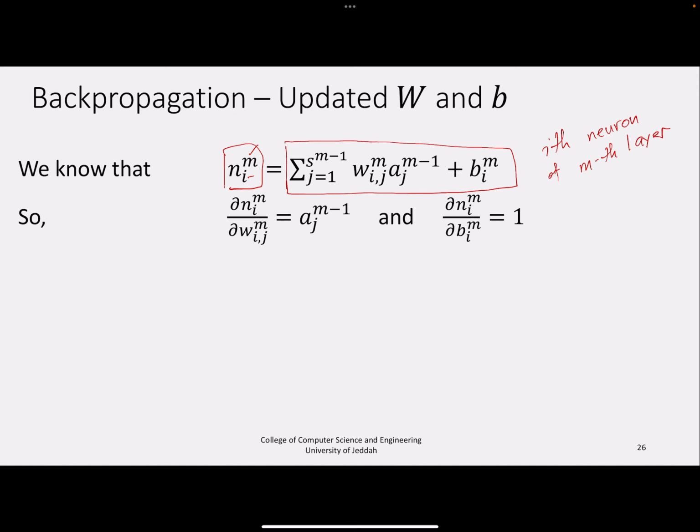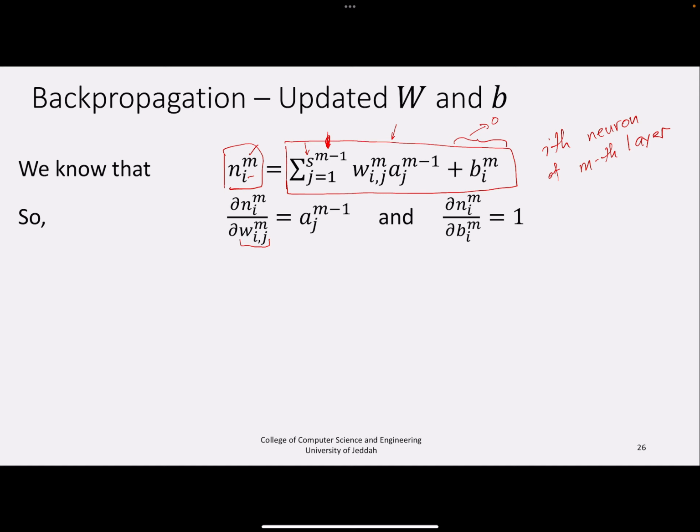And so you can begin by first finding the partial derivative of n with respect to w, and that's actually quite easy because the second term over here is independent of w, so this just goes away, and all you're left with is the summation term, and these are just many terms being added up, so all of these terms except one will become 0 because all of them except one will be independent of this one specific weight that we're interested in.